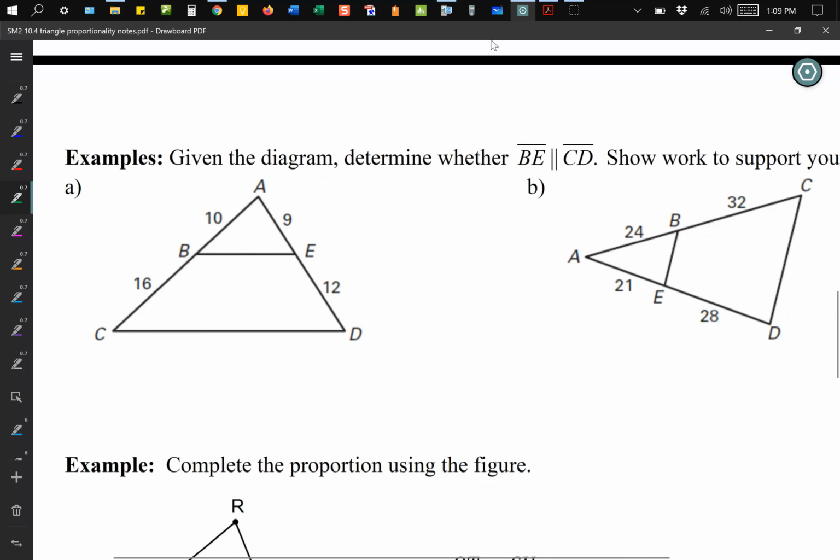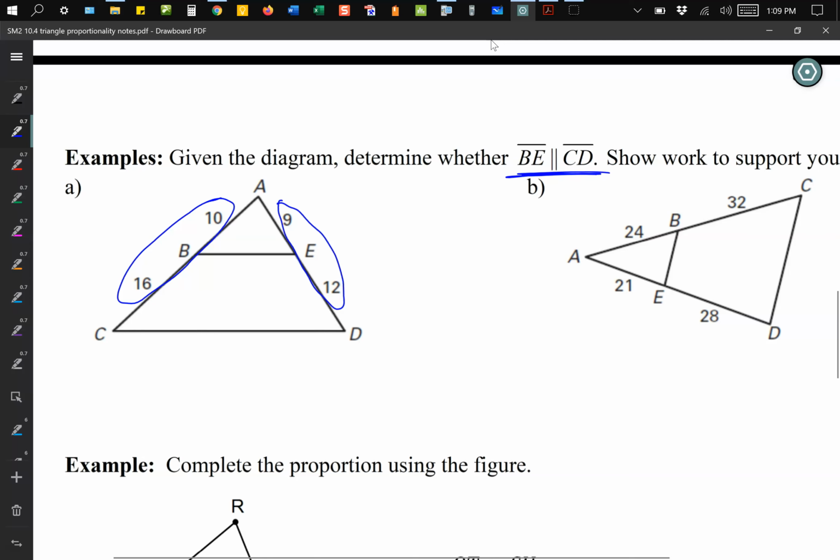What you're going to do is set up fractions and see if the fractions simplify to the same thing. So the fractions you are going to set up are going to be fractions made of the two pieces of each side. If those fractions simplify to the same thing, then the segments are going to be parallel. If they don't simplify to the same thing, the segments are not parallel.